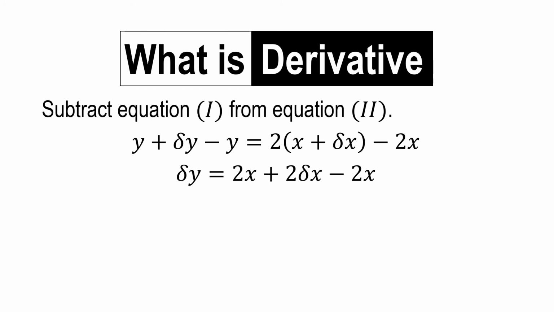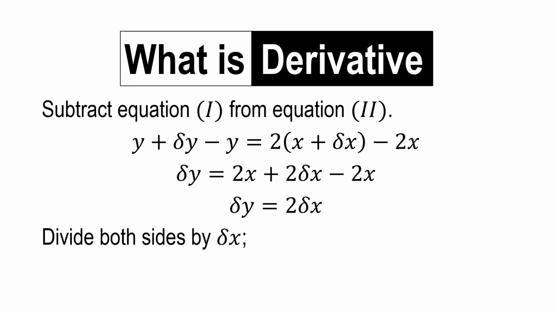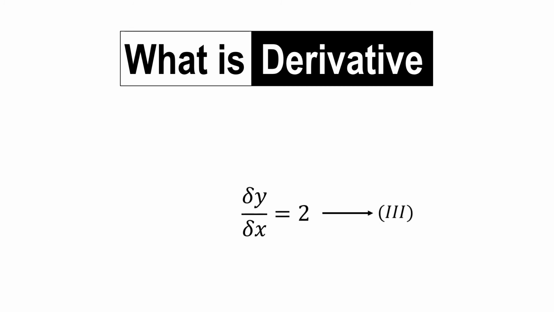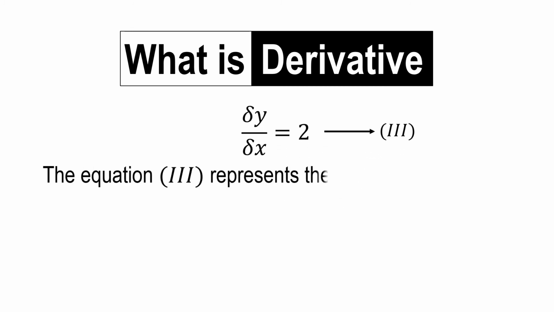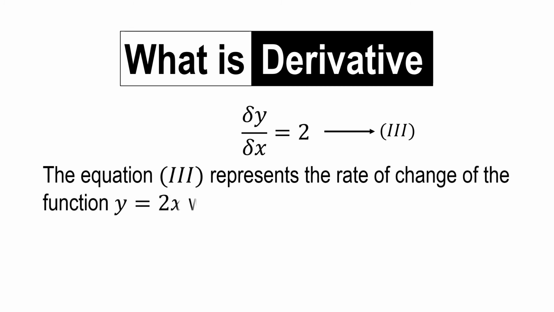Subtract equation 1 from equation 2. y plus delta y minus y equals 2 into x plus delta x minus 2x. Delta y is equal to 2x plus 2 delta x minus 2x, and delta y is equal to 2 delta x. Divide both sides by delta x. Delta y over delta x equals 2.